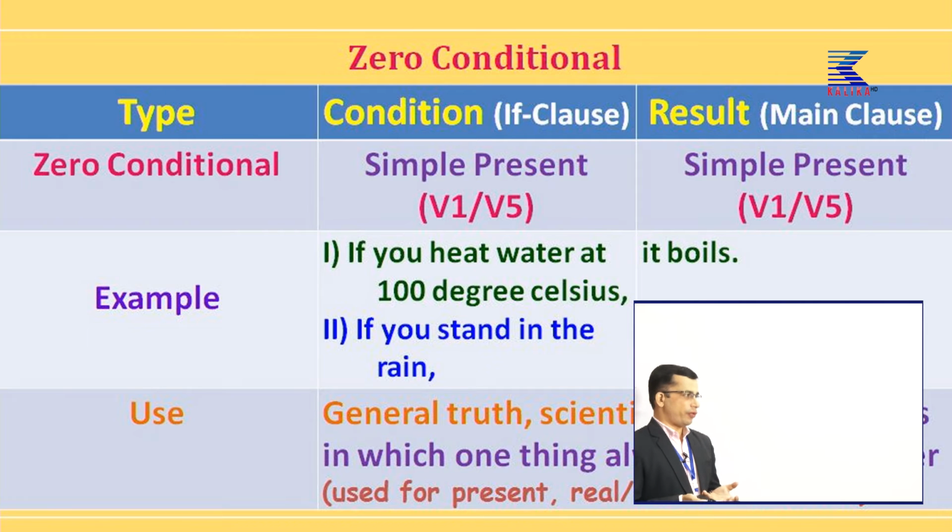So, general truth, some factual things, and real and factual situations. Such types of sentences lie under zero conditionals, right. If you drop an egg, it breaks, factual thing, right. Okay.